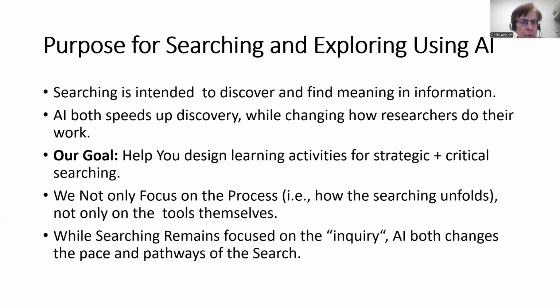We do not only focus on the process, how we do the searching, and how the searching unfolds, in addition to the tools themselves. While searching remains focused on the inquiry, AI both changes the pace and pathways of the search, and we'll explain that as we move along.